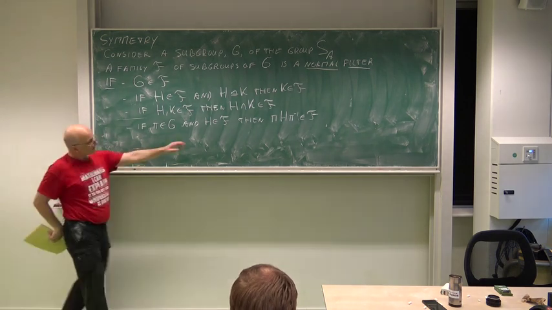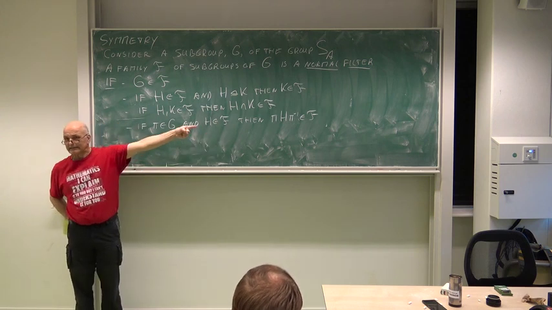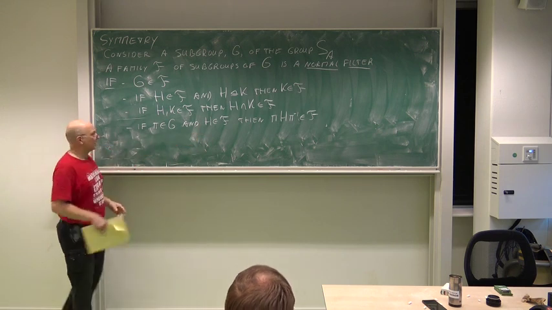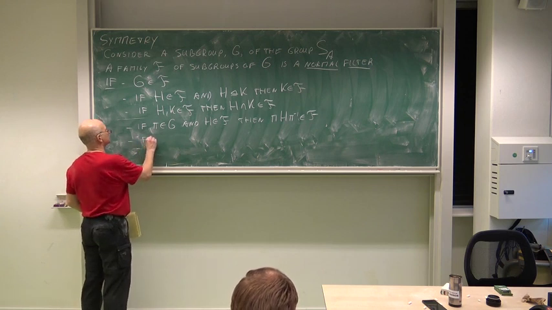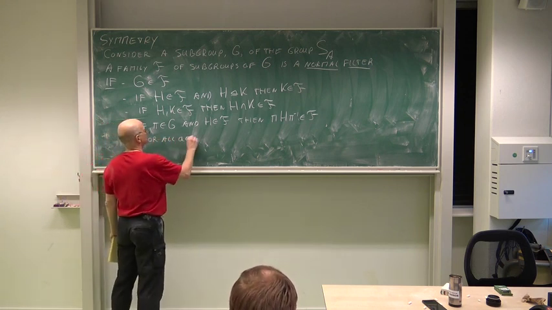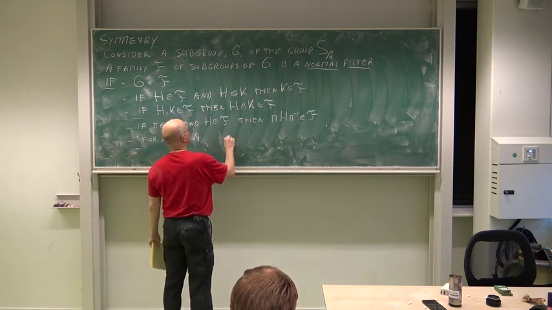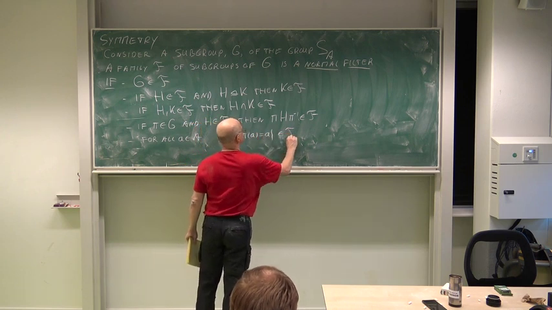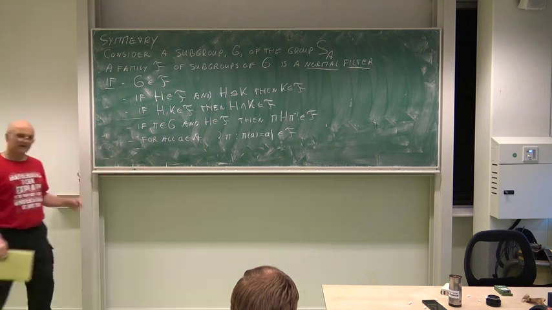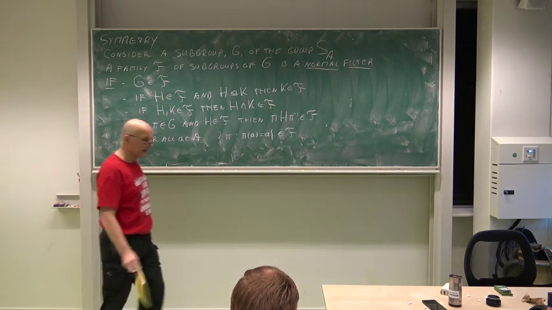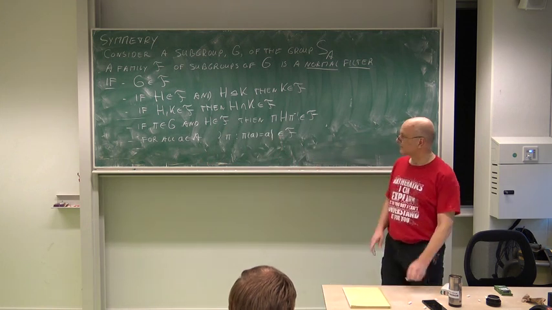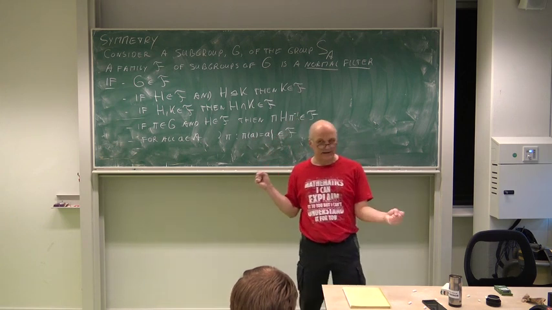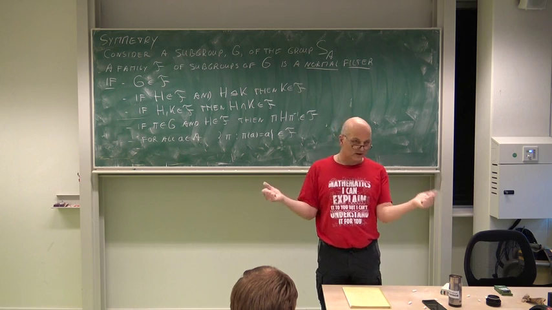If we have a member of the filter and we conjugate it, then we get another member of the filter. And that thing is called the stabilizer of a. For every point in A, the set of permutations that fix a, that subgroup, is always a member of the filter.